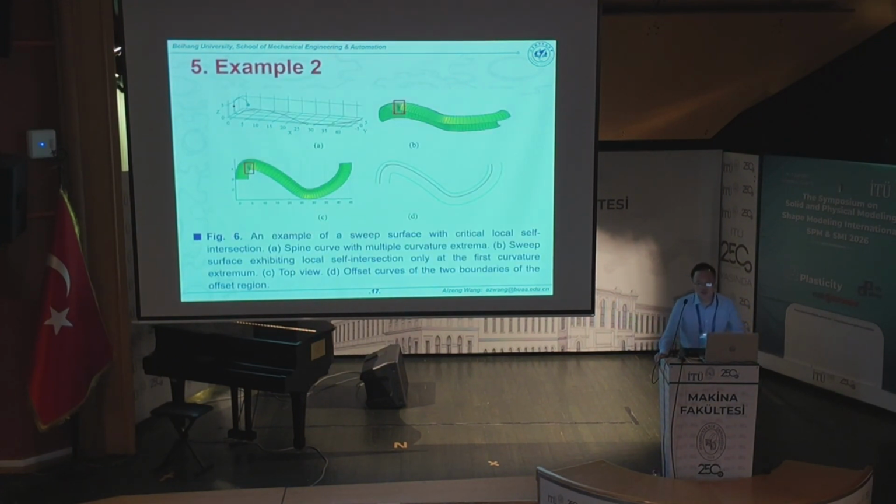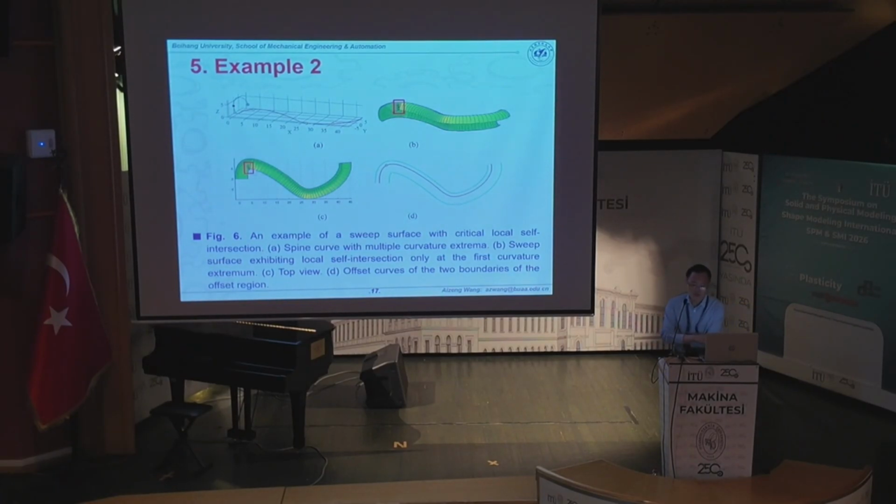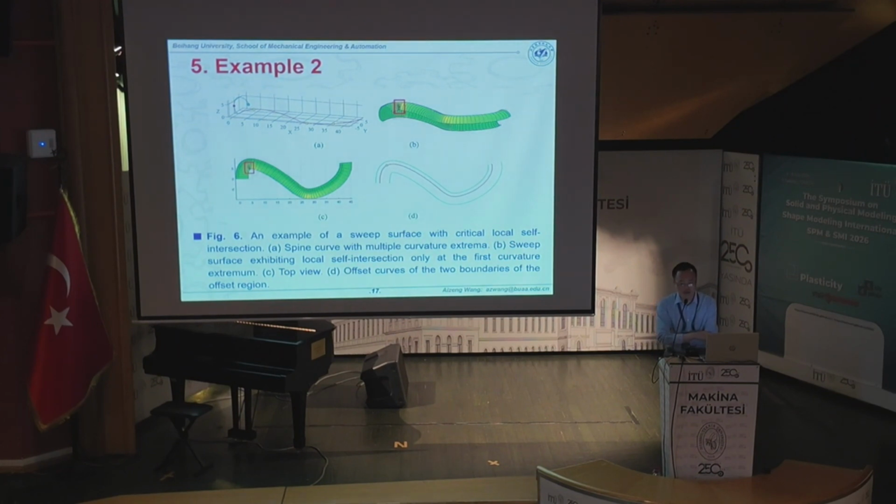This example shows a case of critical local self-intersection in a sweep surface. The spline curve has multiple curvature extremes, marked by the yellow parts in figure A. But the local self-intersection is detected only at the first curvature extremum, as shown in figure B. The point corresponds to the minimum curvature value and the minimum offset distance.